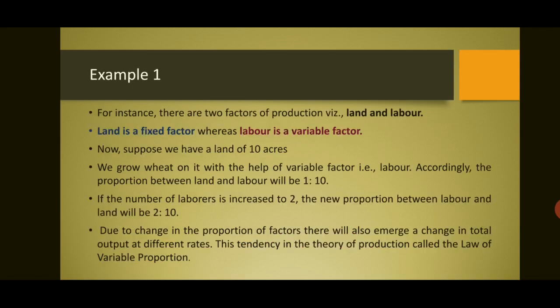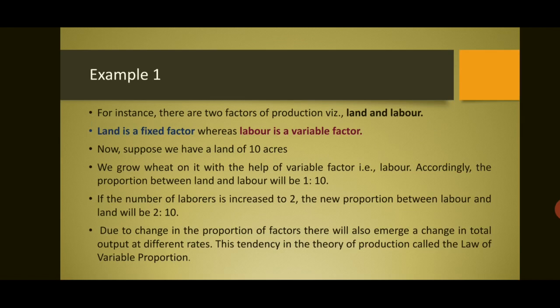So we are going to start with an example. For instance, there are two factors of production, that is land and labor. Land is a fixed factor, whereas labor is a variable factor. Now suppose we have land of 10 acres and we grow wheat on it with the help of the variable factor, that is labor.